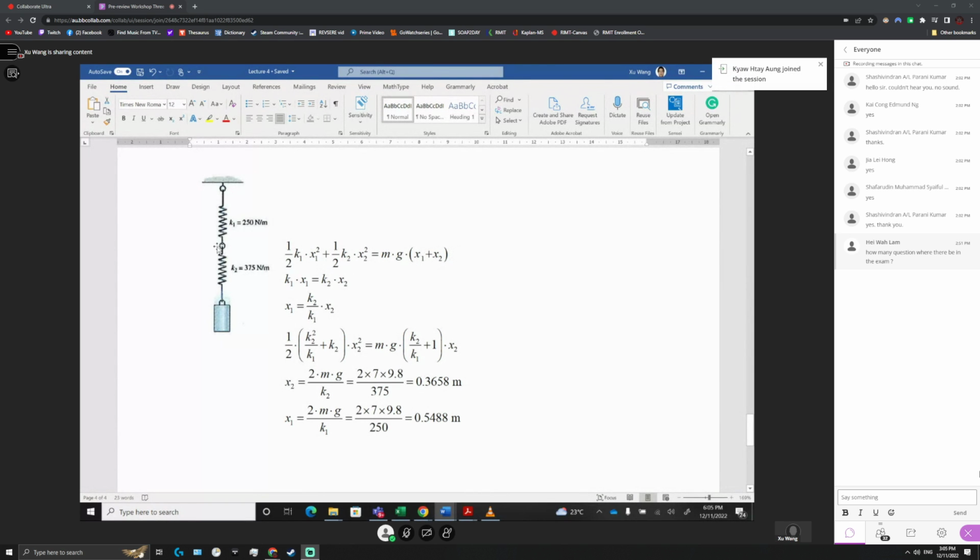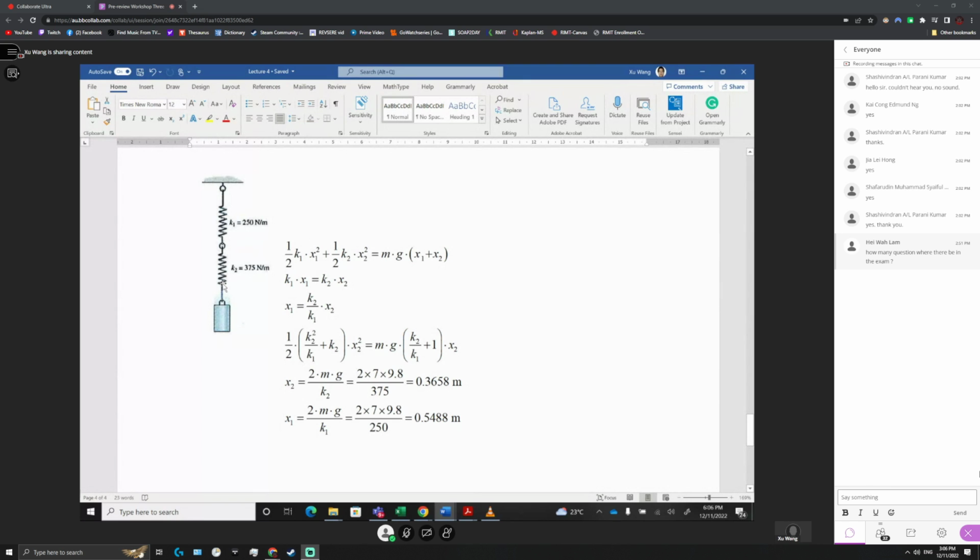But also, we know that the spring has no mass. The force k1 x1, the stretch force in spring 1, and the stretch force in spring 2 should equal each other. Okay, because of the force balance, the tension force equals the spring force.